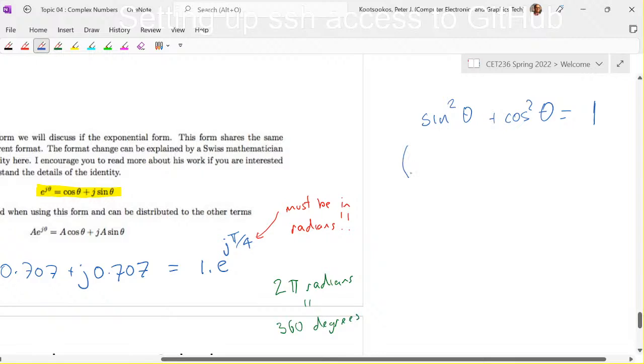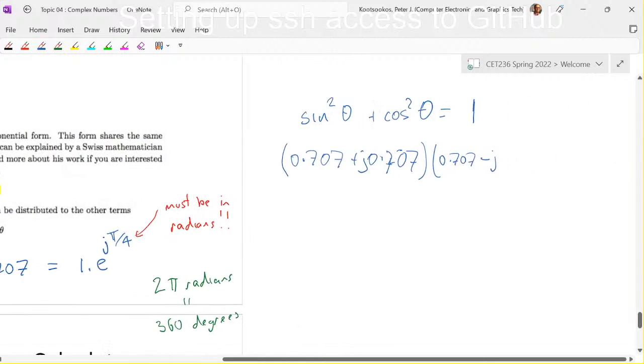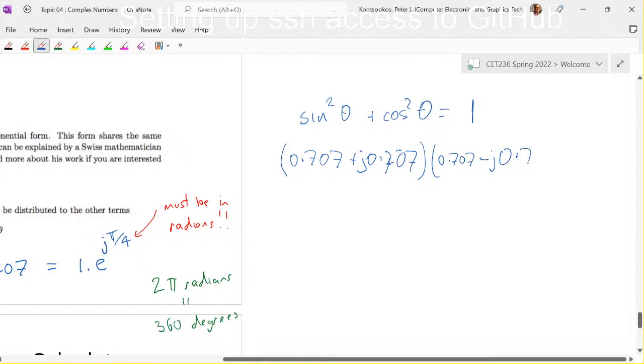So a way to look at this: if you multiply a complex number by its complex conjugate, I'm going to get a half plus a half and then 0.